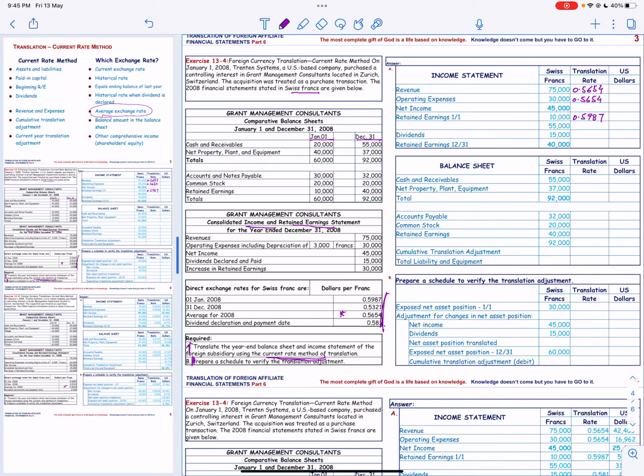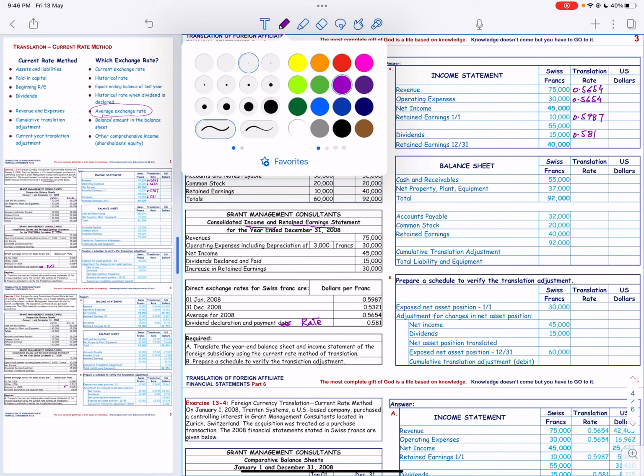Dividends, we will be using the dividend declared and payment date, that is 0.581. This is the rate. We will calculate the retained earning in a while, and let us see what these values are equal to.